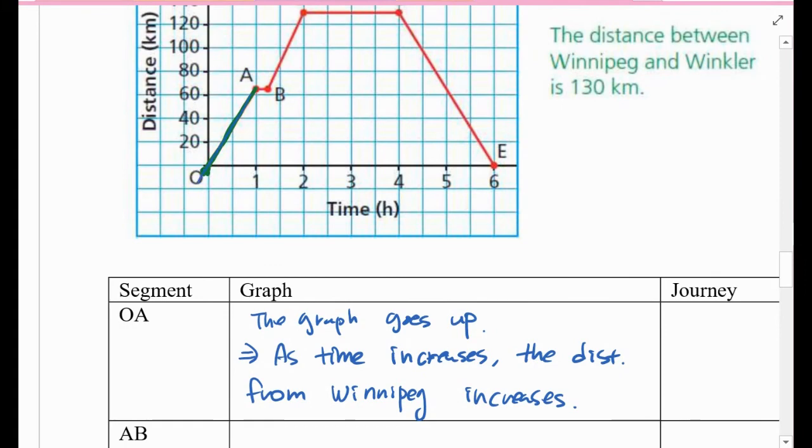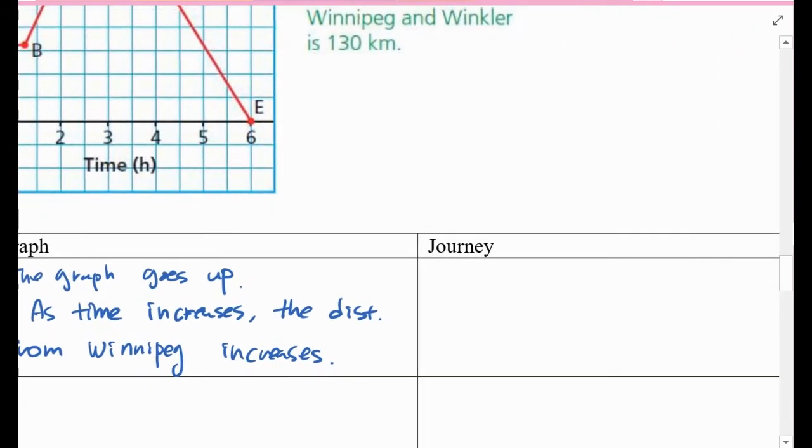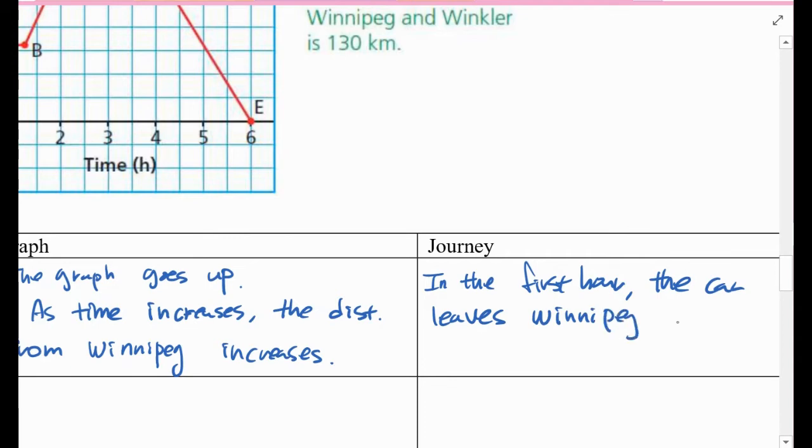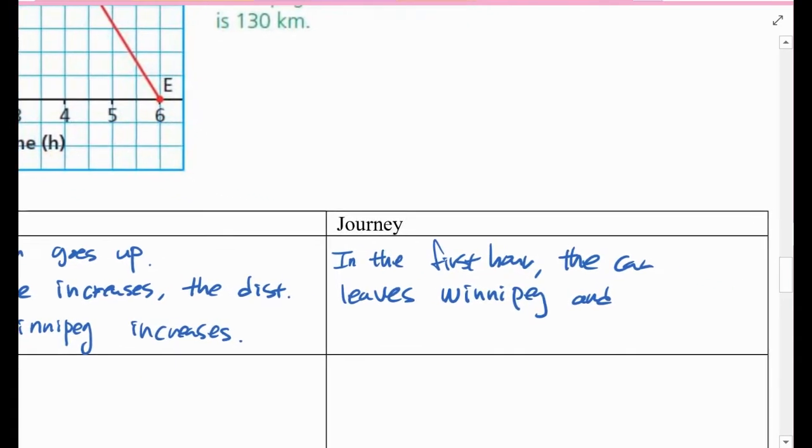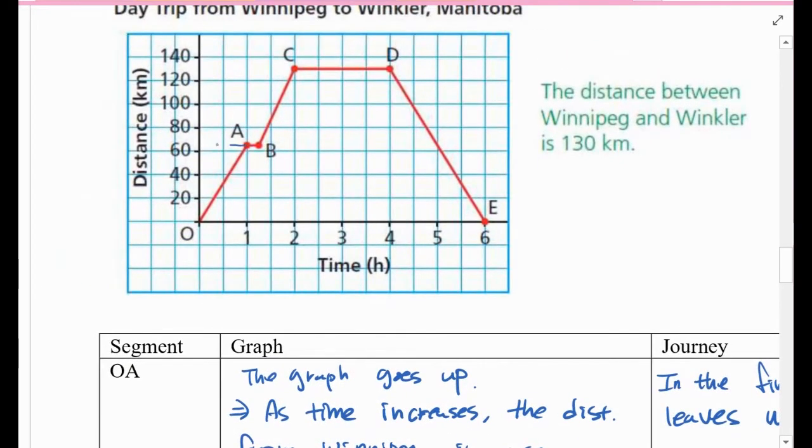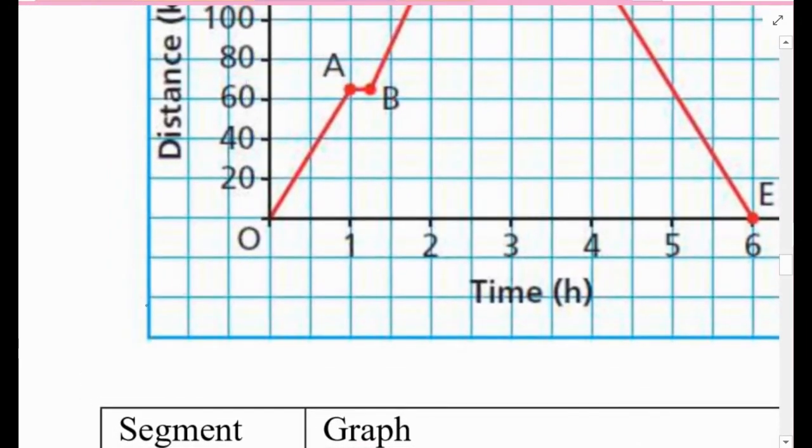For how long? How many hours is this? For the first hour, OA, the car leaves Winnipeg and travels about how many kilometers? Again, we have to think about the scale.